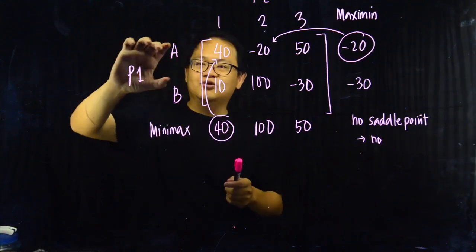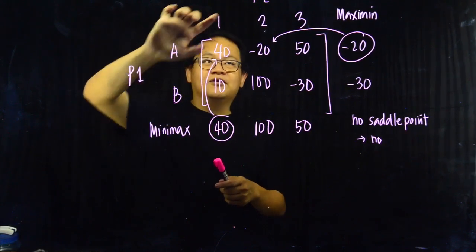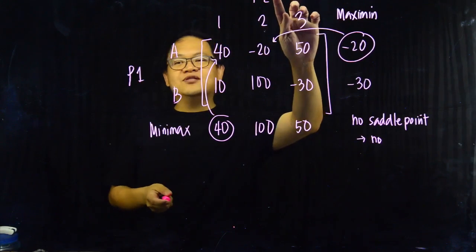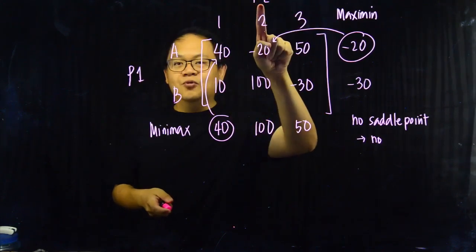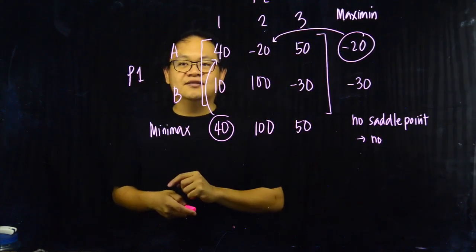Player 1 will choose between A or B first, and then he will tell player 2 his choice. Once player 2 knows the choice of player 1, then player 2 will get to choose among his 3 strategies.